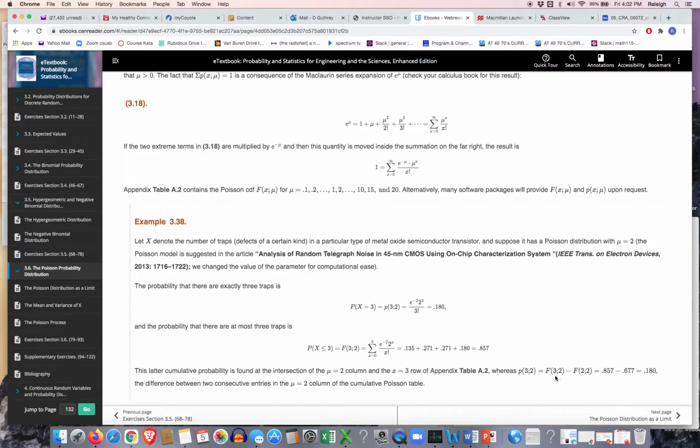In other words, x equals 0, 1, 2, and 3. This one equals 0, 1, and 2. The difference is just x equals 3, and there it is, 18%. You can find it by table or by formula. I recommend that you've used the formula at least a few times. The table, I don't know how relevant that would be, but the formula can be quite handy, especially if you're not totally sure of your calculator.